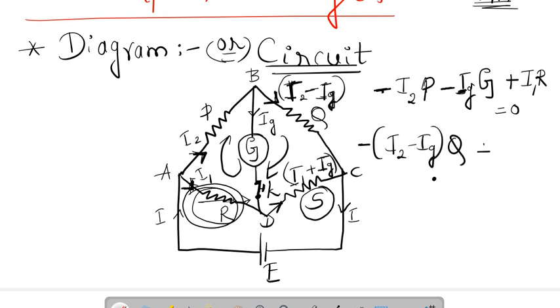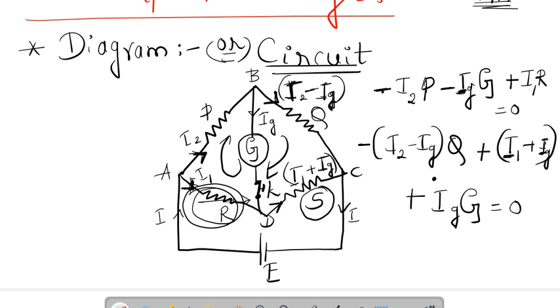Q. But the direction of flow of current in the unknown resistor S is opposite to the direction of electric current, so I will write a positive sign here. That will become I1 plus Ig. Please note, I1 plus Ig, and the remaining current opposite to the flow is Ig into G in the case of the galvanometer.